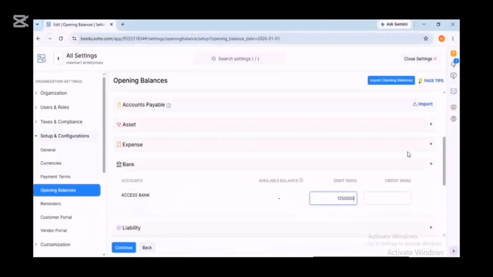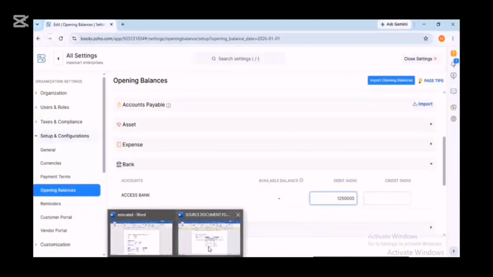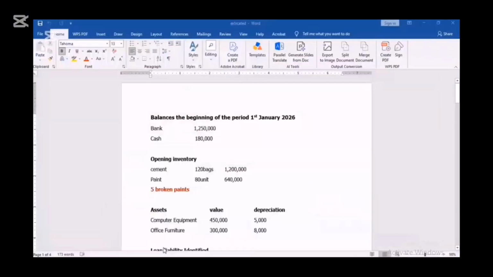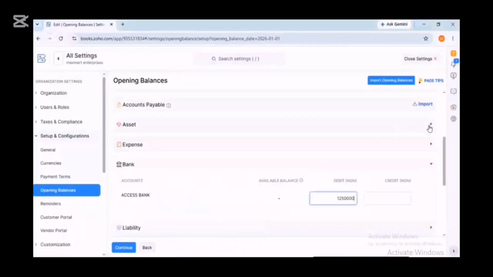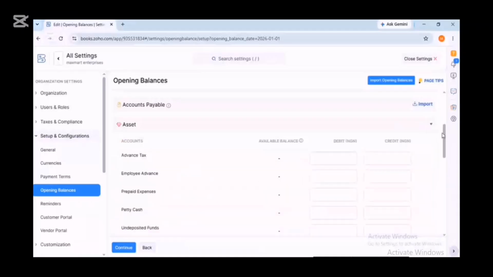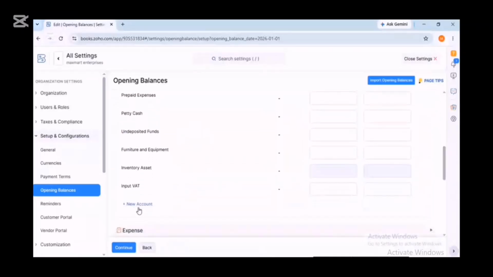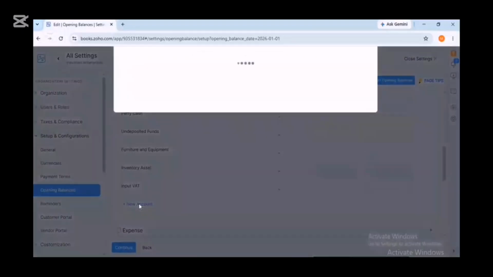1,250,000. So let's move on to the next. Then cash. So our cash balances, which is 180,000 for the beginning of the period. So let's open cash at hand account. So new account.